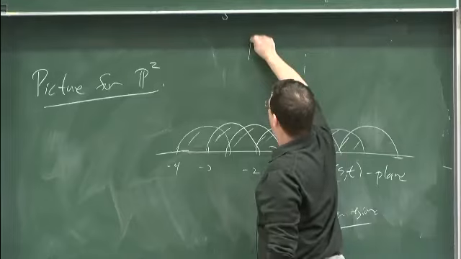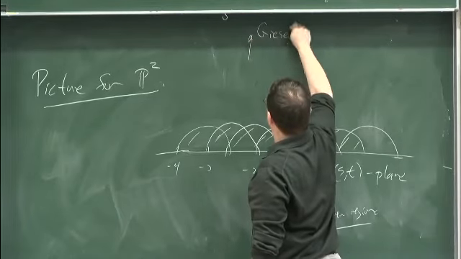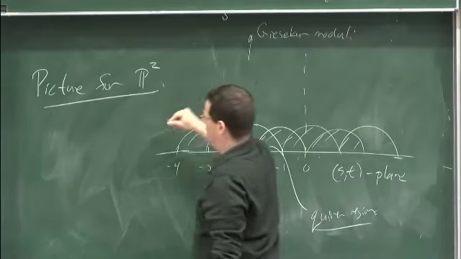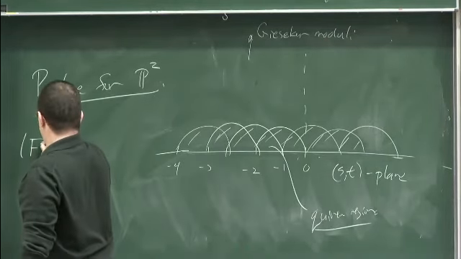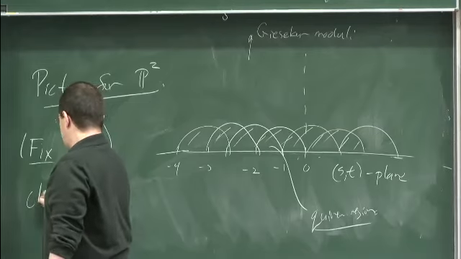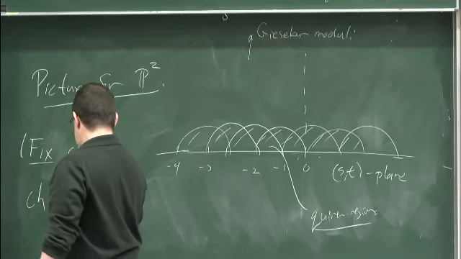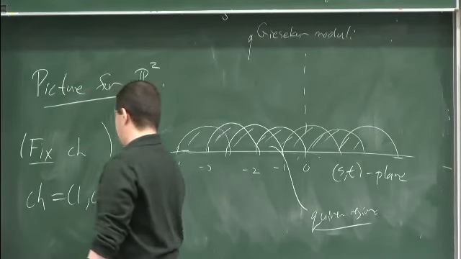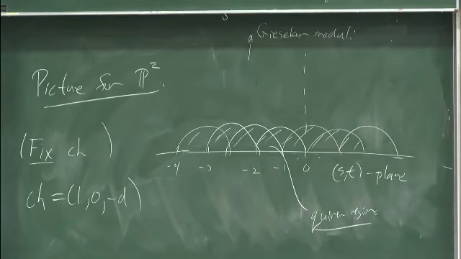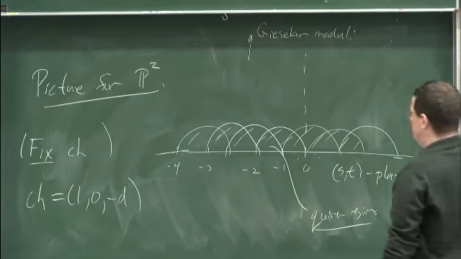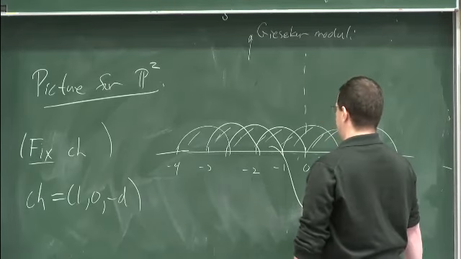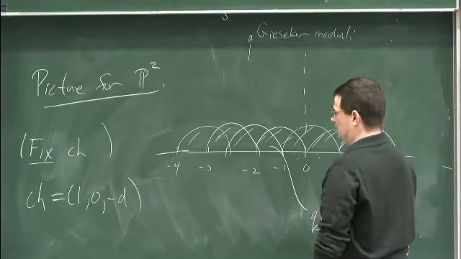Up here you have Gieseker moduli, I guess, and then you just crank away. So you fix some Chern classes, and in fact, in the interest of time, let me fix the Chern classes for the Hilbert scheme for the ideal sheaves, and you can ask the first question: where's the first wall?